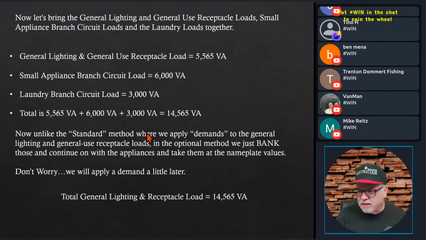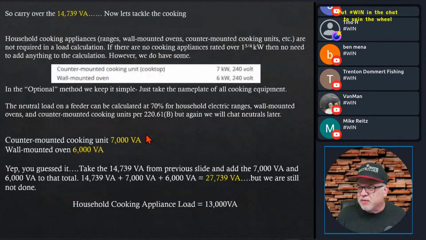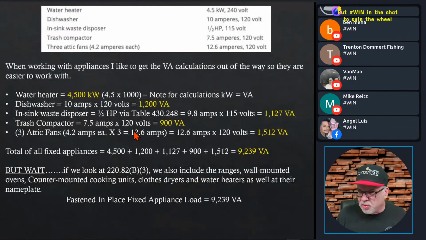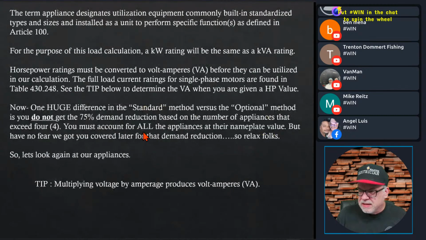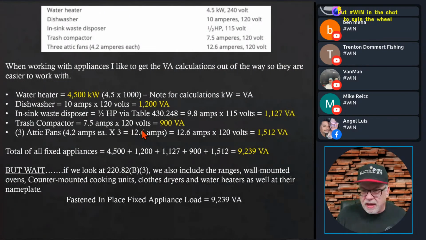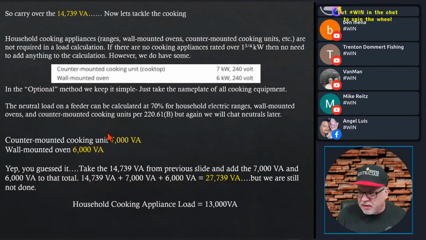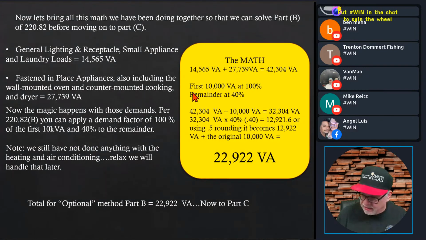General line 14,565. Let's do it because I like to. Yep, so that's right. And then our total for, I love going back, 9 plus adding all the others together gave us 27,739. Okay, we're good.